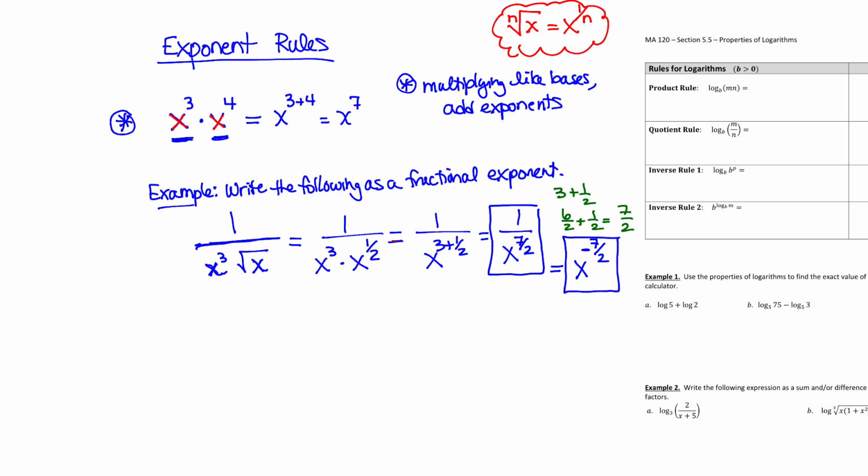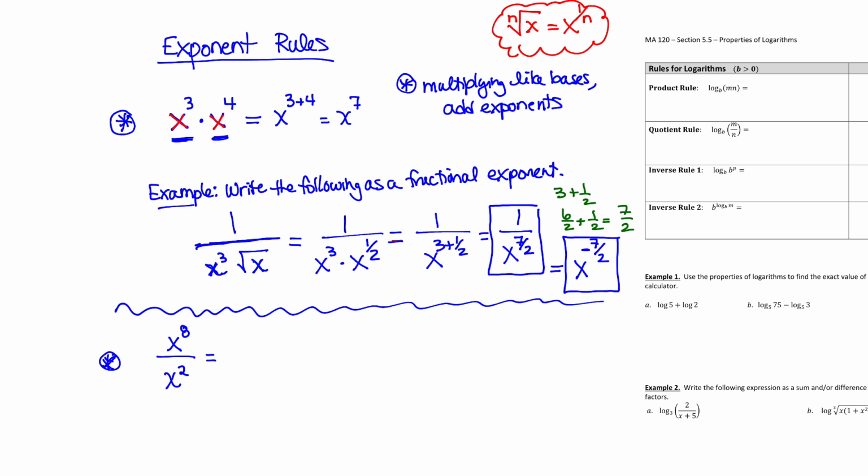The second rule that I would consider most important with exponents is when you're dividing like bases, instead of multiplying like bases. So for instance, if I have x to the 8th over, let's just say, x squared.